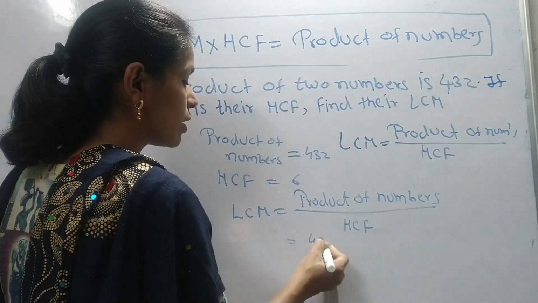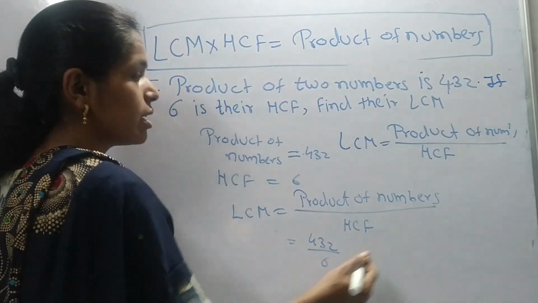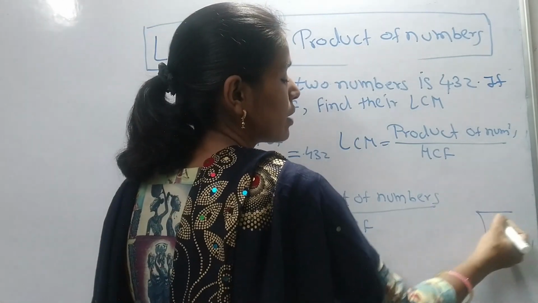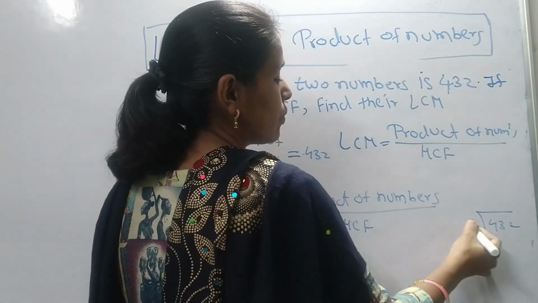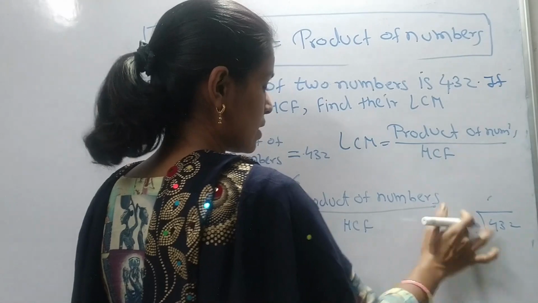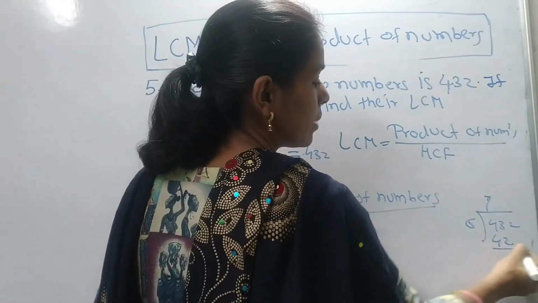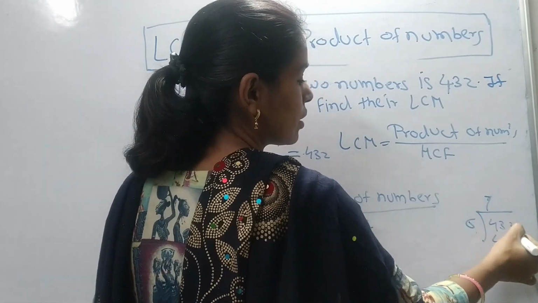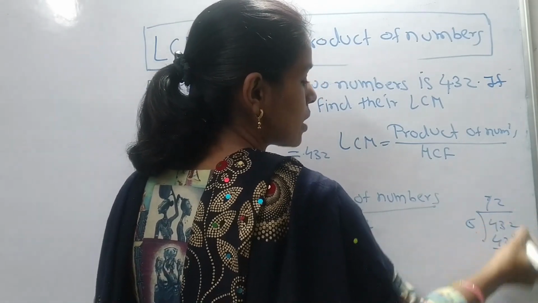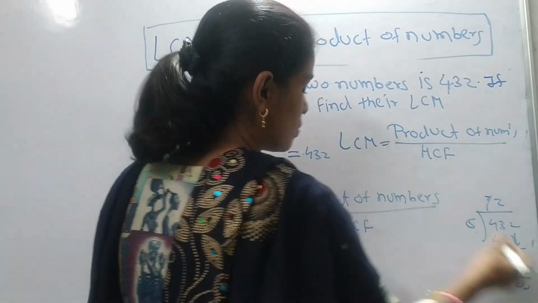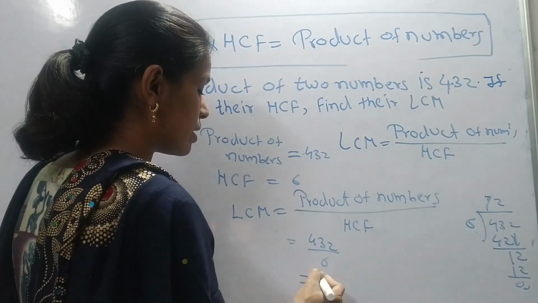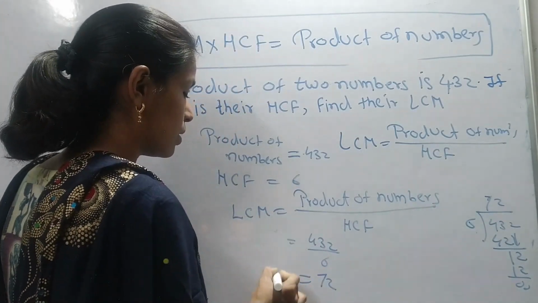So write down 432 divided by 6. You can solve it like this. 4 is less than 6. 6 7s are 42. Remainder 1 is there. 2 taken downward. 6 2s are 12. That is 0. So their LCM is equal to 72.